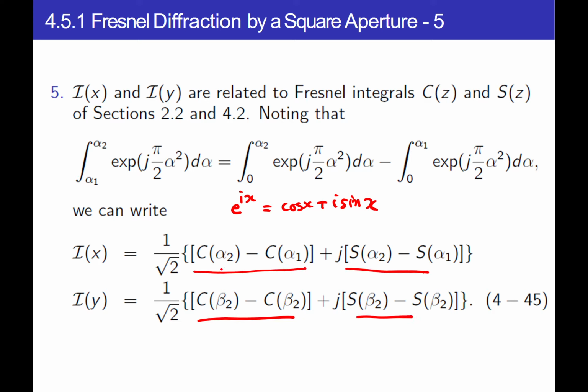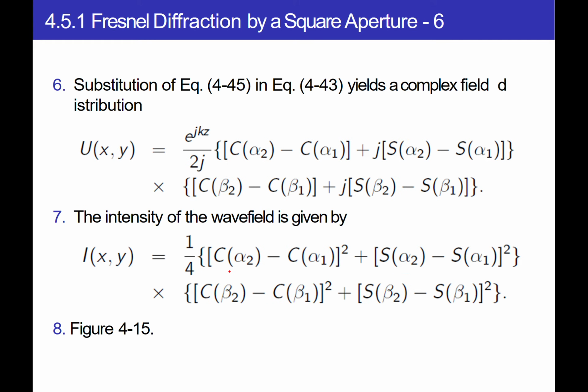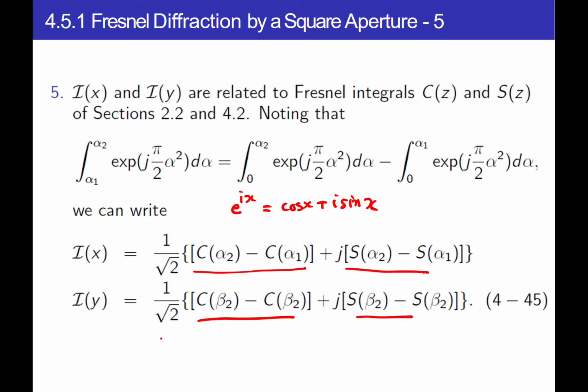This is the so-called Fresnel cosine and the Fresnel sine. Here the intensity wave field is given by C and S, the Fresnel cosine and Fresnel sine functions.